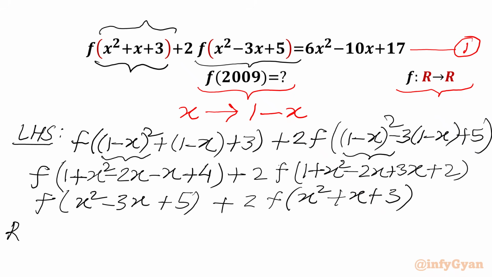Now we have to calculate the right hand side. Right hand side is 6x square minus 10x plus 17.